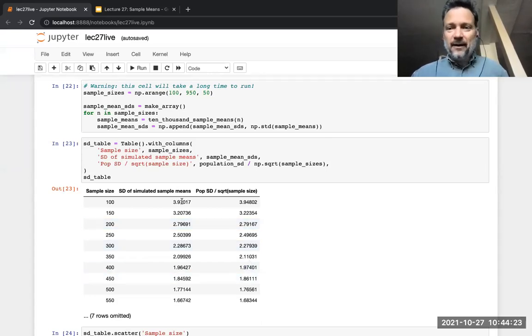So we're comparing what we got from our simulation versus what we got from our mathematical formula here. And you can now eyeball these. How good does the formula look? How good is the agreement between simulation and formula? Good agreement? Bad?